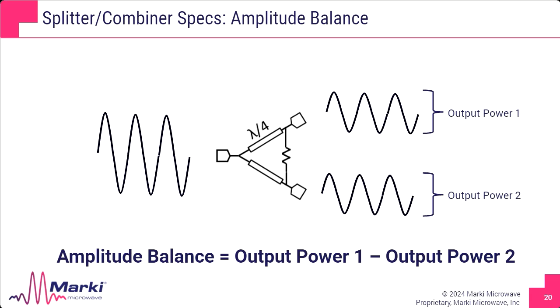In a phased array system, this is incredibly important since an imbalance in the splitter will lead to an uneven signal distribution, which will affect the directionality of your beam because your antennas are not receiving the exact power that they expect to receive.